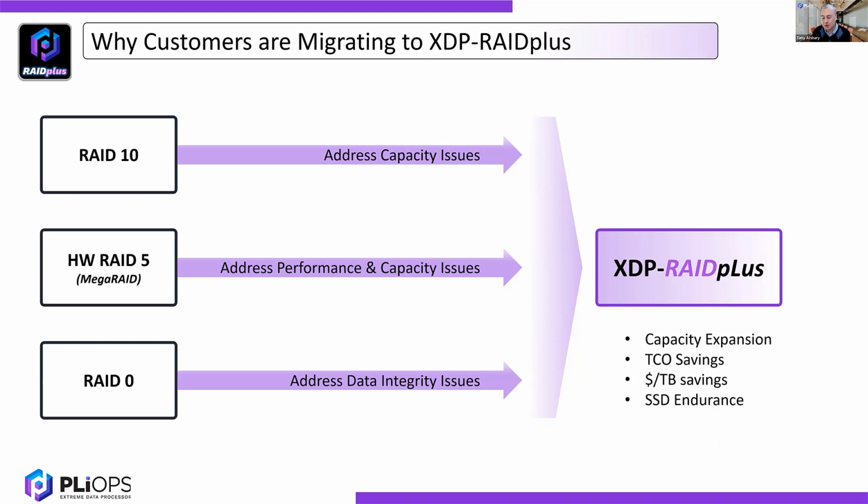Even if you go to cluster mode, doing rebuilds across a cluster and setting up your local drives in RAID 0, drive failures still cause big problems and increase the east-west traffic for rebuild, expanding the blast radius. So people are hesitant to put greater than 8 terabyte drives, even with RAID 0, which XDP-RAIDplus addresses. And the results are capacity expansion, TCO savings, better dollar per terabyte savings, and higher SSD endurance.